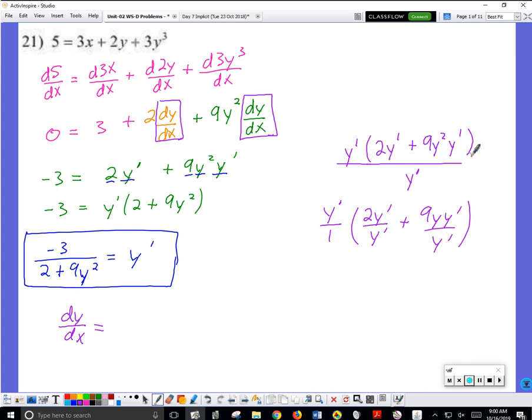So this is the same as this. These divide to make 1, these divide to make 1. That's how we end up right here with y prime times 2 plus 9y squared. I don't know if that helps or not, but that's what you're doing when you factor. That's why you'll hear me say, when we factor, we divide, because you are.